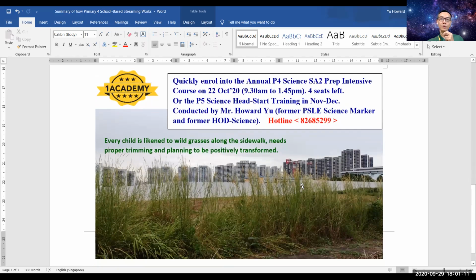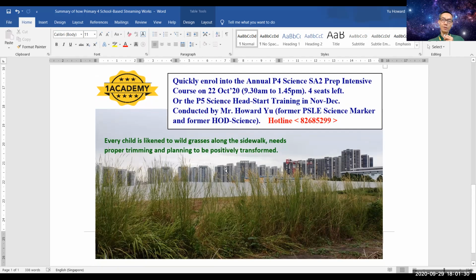And this photograph is quite interesting. I took it this morning on my way home after my morning routine of cycling for fitness building. Every child is likened to wild grasses along the sidewalk, needs proper trimming and planning to be positively transformed.